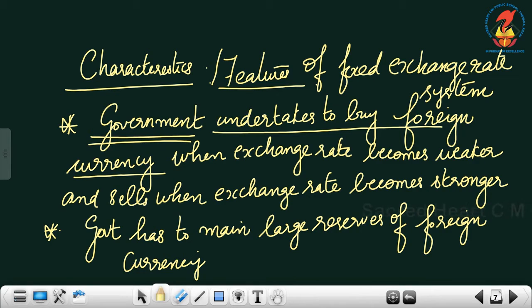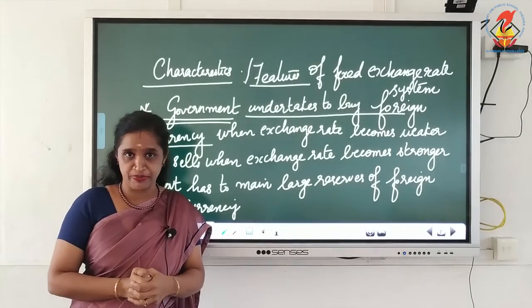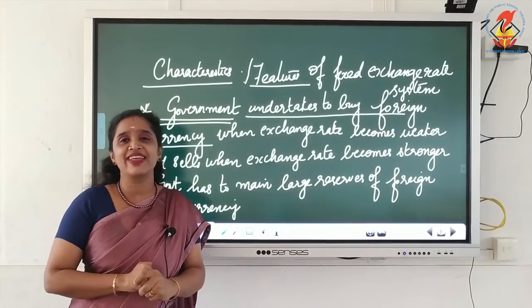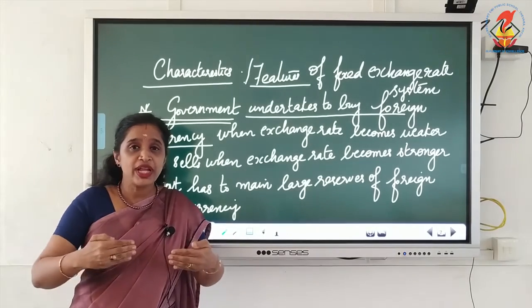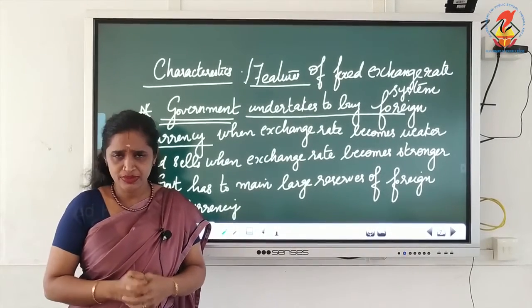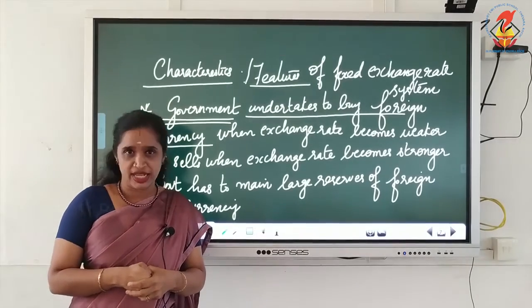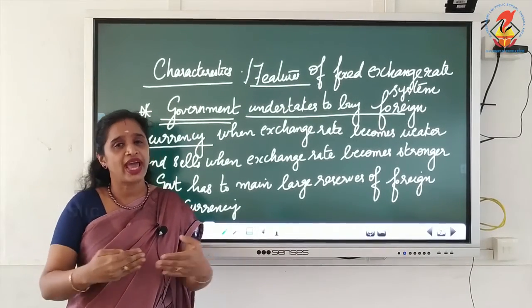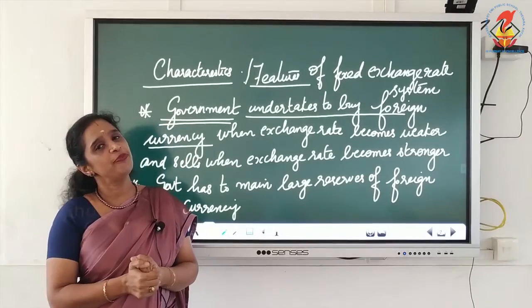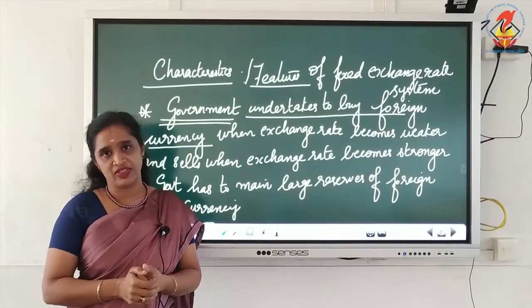Now, as the government is controlling the whole system, as the government is fixing the exchange rate system, it should have the reserves of foreign currency with it. Because it is the only body which fixes the foreign exchange rate. Therefore, it should have the reserve of the foreign exchange or foreign currency with it.